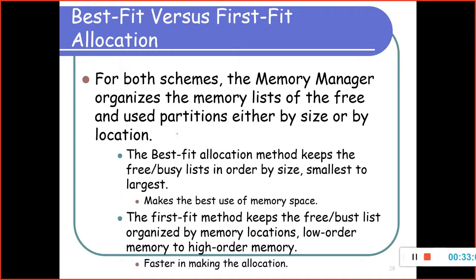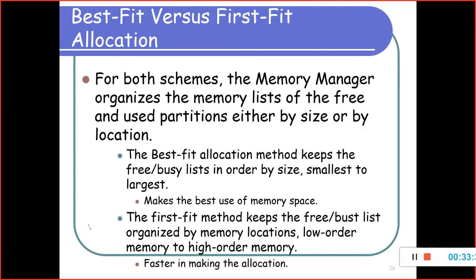For both schemes, the memory manager organizes the memory list of free and used partitions either by size or by location. The best fit method keeps the free busy list in order by size, smallest to largest, which makes the best use of memory space. The first fit method keeps the free list organized by memory location, low order memory to high order memory.